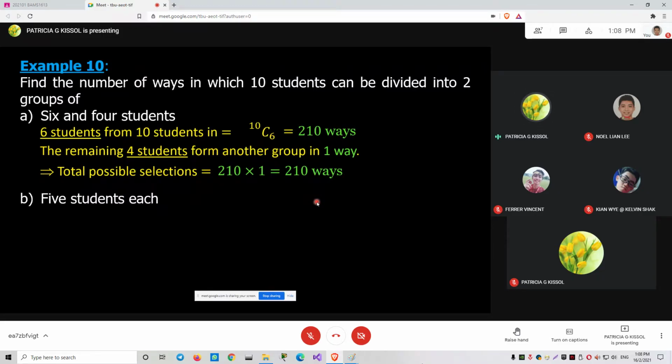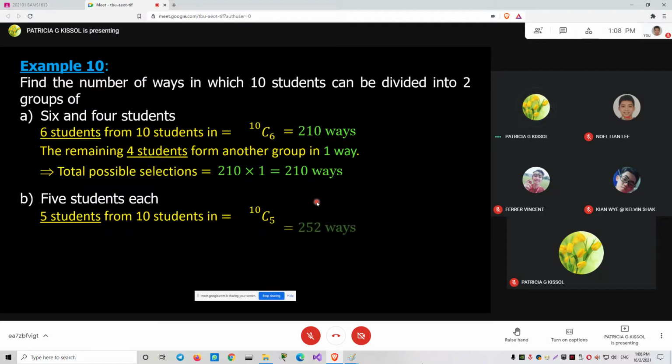Now the other one is 5 students each. What does it mean? In this case, that means half and half. 10 students divided into two groups, 5 students each, so they are equal, 5 and 5. For the first group, the 5 students from 10 students is 10 combination 5.